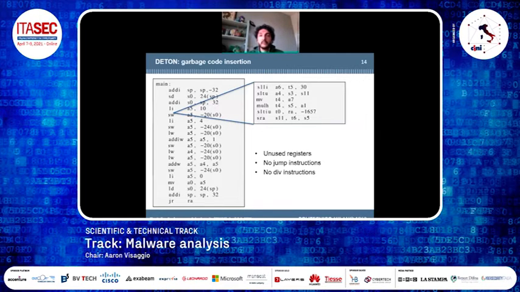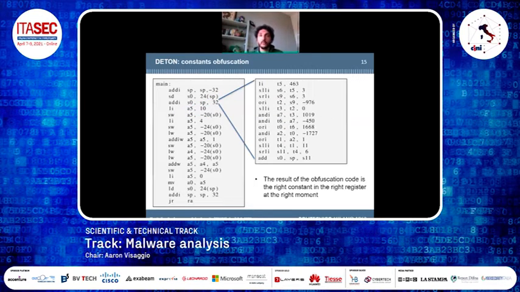We randomly select garbage instructions. They use unused registers at that specific point of the program in which we are adding the garbage code. And we do not add jump or div in order not to drive our software into unwanted problematic conditions.